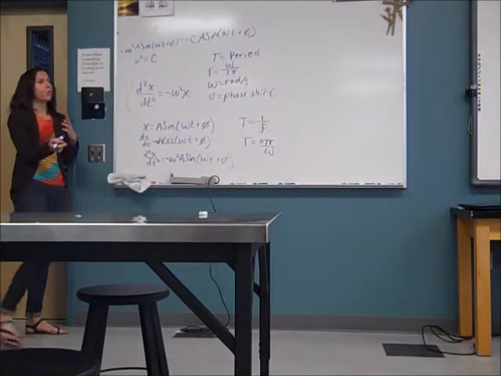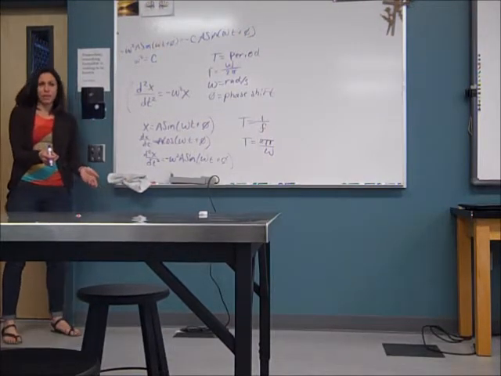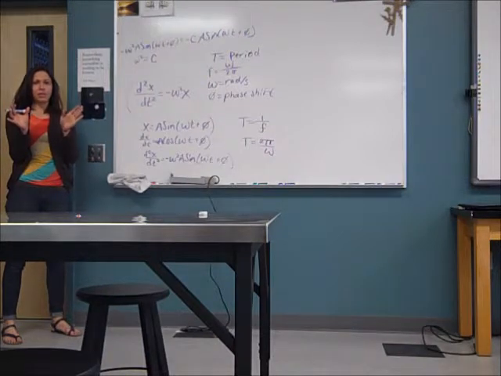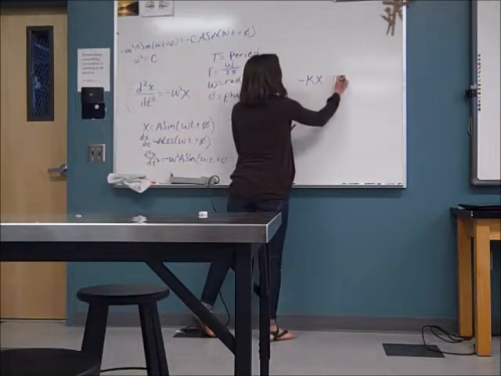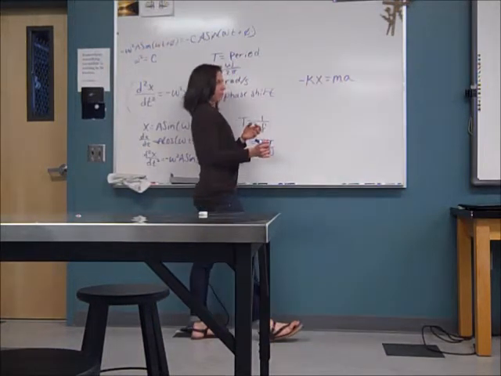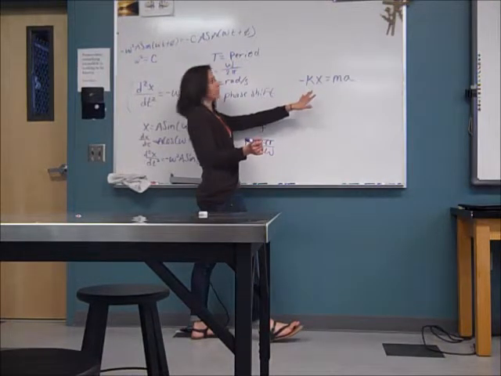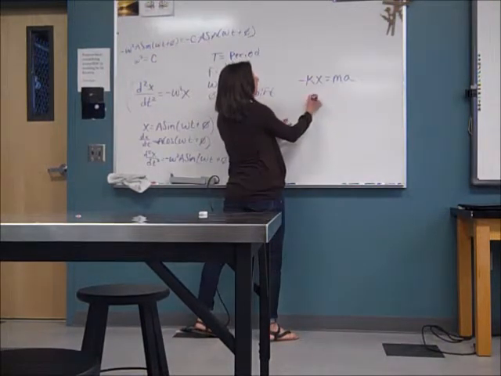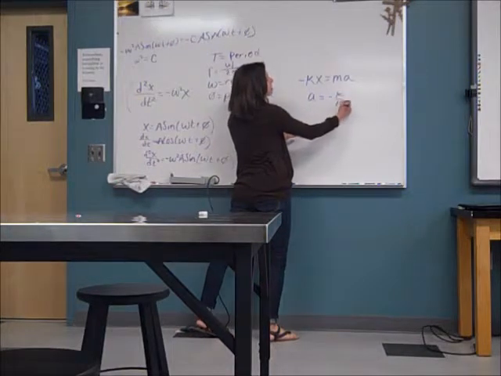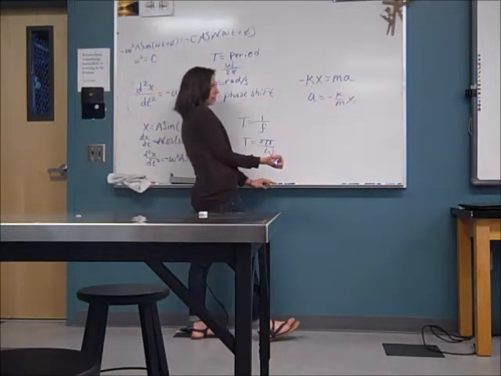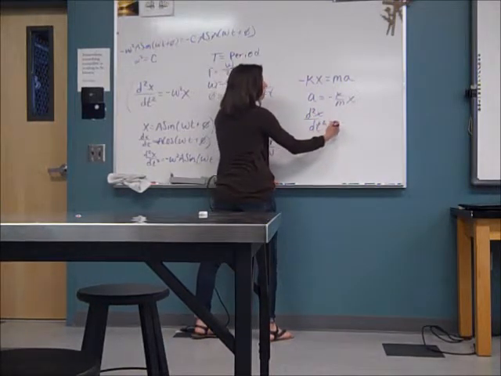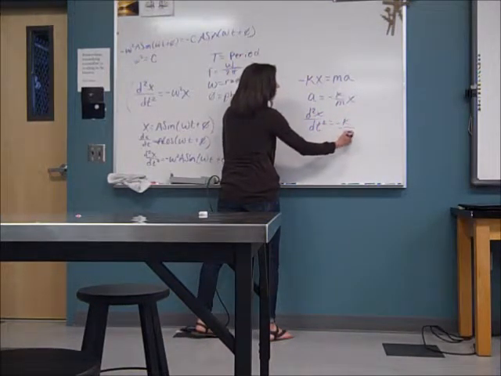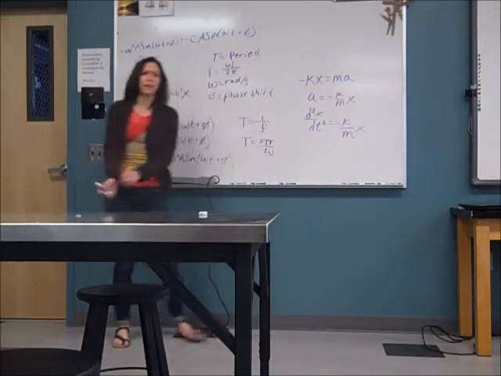So, in terms of a mass on a spring, we said a mass on a spring obeys Hooke's law. Force is negative kx, and that equals ma. If I solve this for acceleration, I get a is equal to negative k over m times x. And if I replace a with the second derivative of position, I get d squared x dt squared is negative k over m times x.